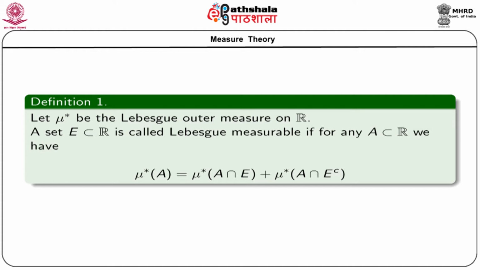The only thing we can say about this definition is that the set E has that special property that whenever it divides any set A of R into two disjoint parts, A intersection E and A intersection E complement, we get the Lebesgue outer measure of the whole set A as the sum of the Lebesgue outer measures of the two disjoint parts. But still this definition is very abstract.